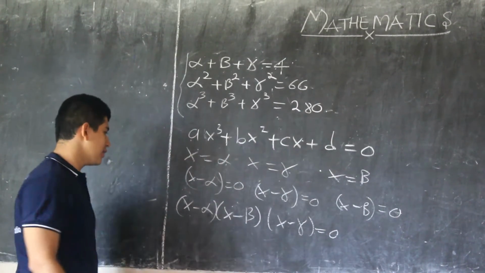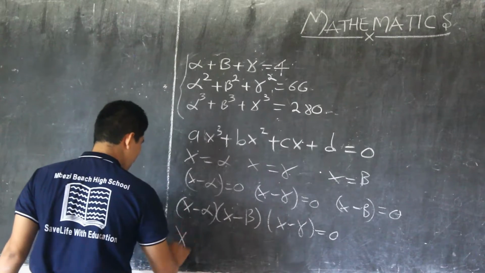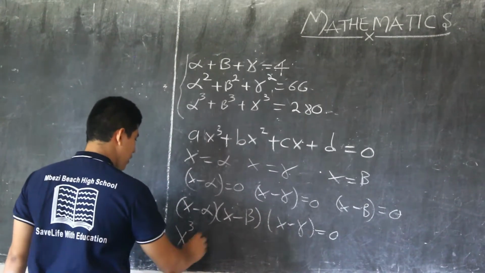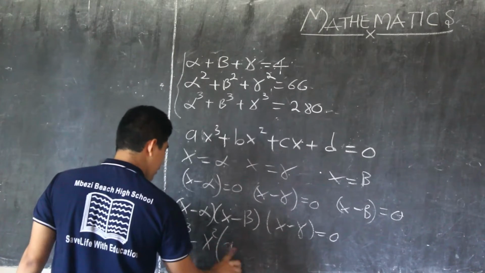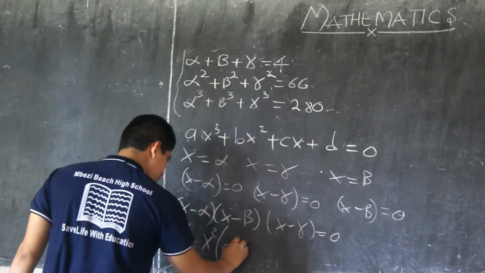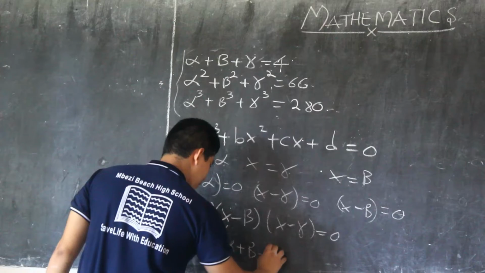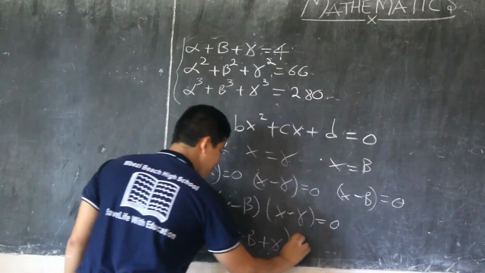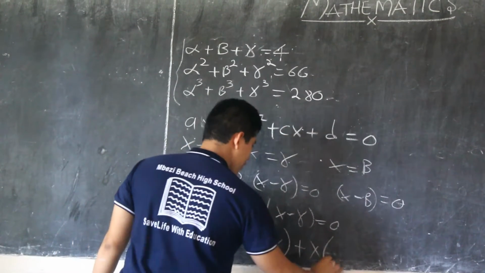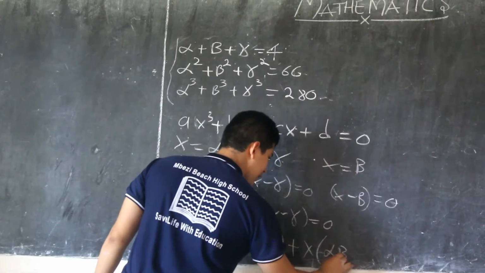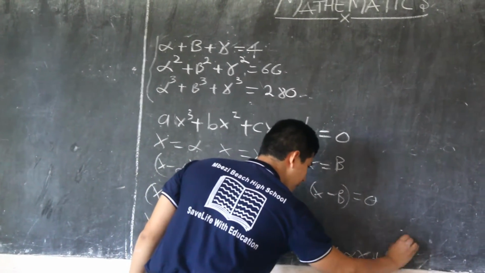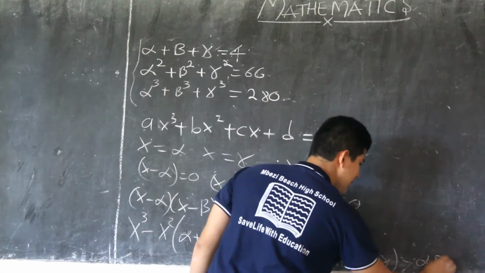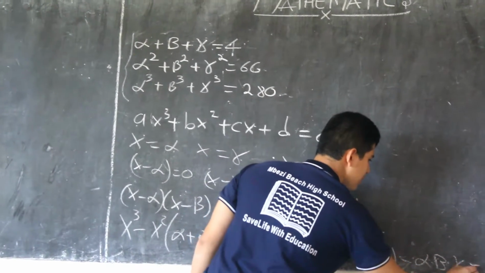Now if I expand it, I'm going to get x cubic minus x squared, then I get here alpha plus beta plus gamma, then I get plus x, then I get here alpha beta plus alpha gamma plus beta gamma minus alpha beta gamma is equal to 0.